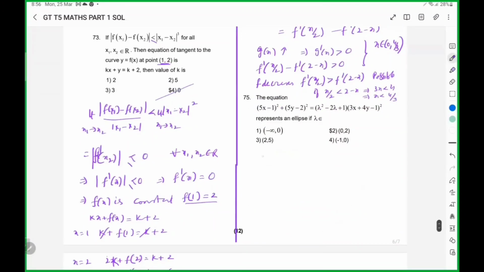Here it represents an ellipse. So first I take whole square: x minus 1 by 5 whole square plus y minus 2 by 5 whole square equals lambda minus 1 whole square, 3x plus 4y minus 1 by 9 plus 16 whole square into 25.